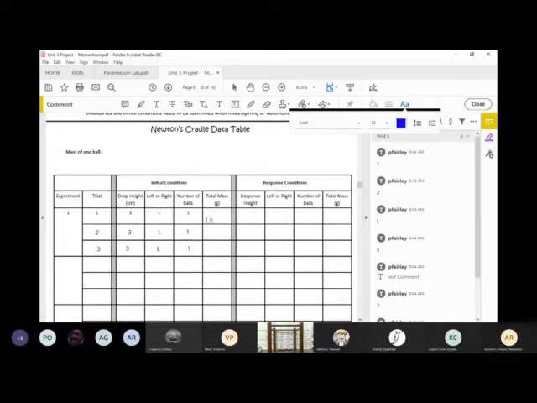Now we have this other category here, total mass. What is the total mass moving in the system? Well, I'm only moving 1 ball. And maybe you remember that I measured the mass of the balls last class, and it was like 67.5, but I think we'll just round that off to 68 grams.